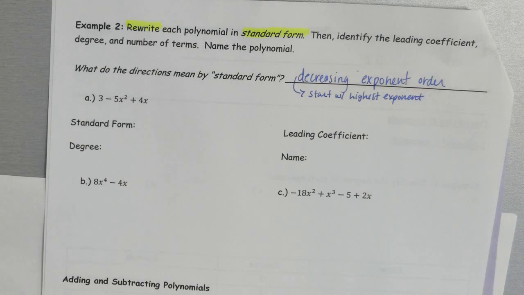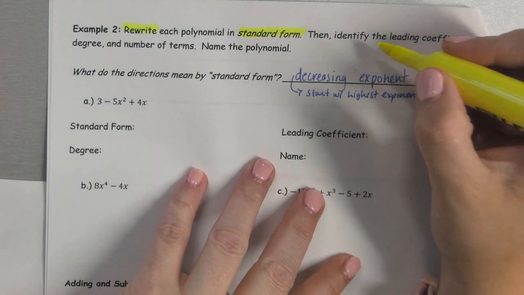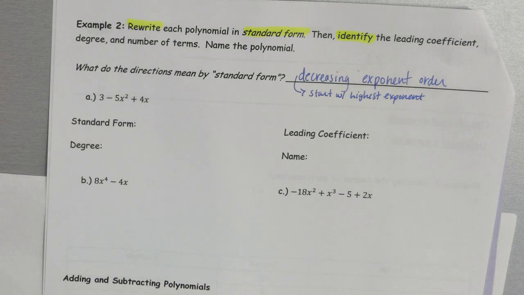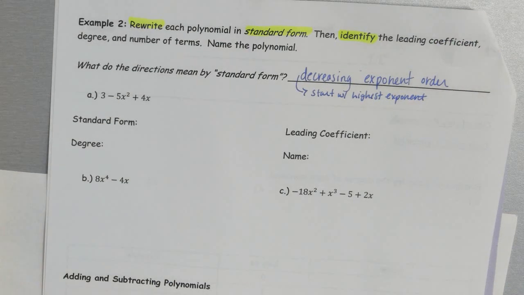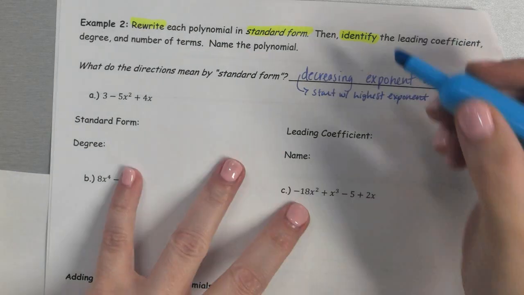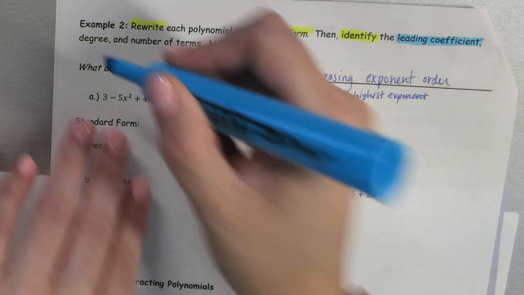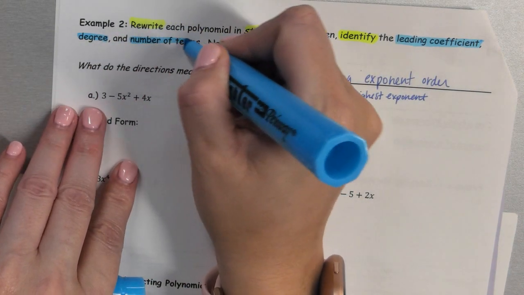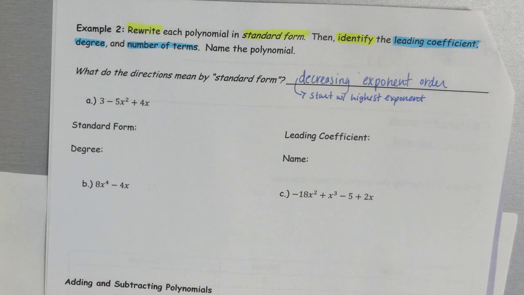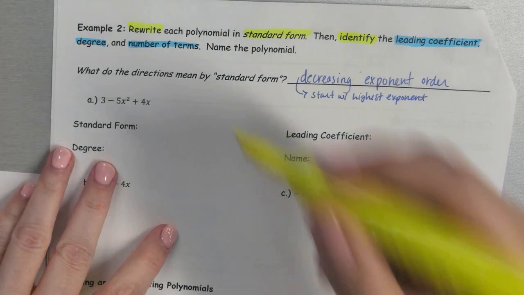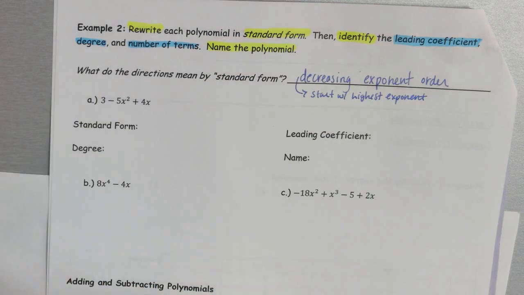Then you're going to identify a bunch of different things. So you have to identify the leading coefficient, the degree, and the number of terms. And then once you've done all of that, you are going to name the polynomial.